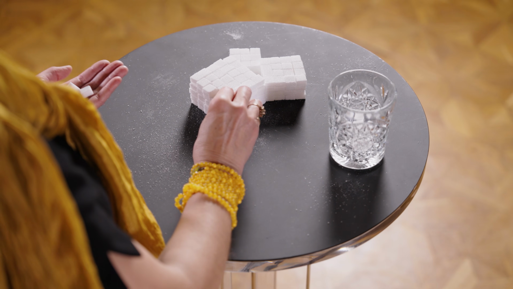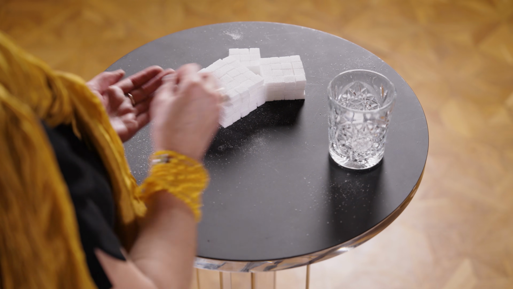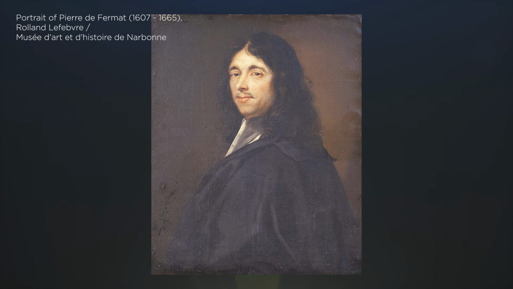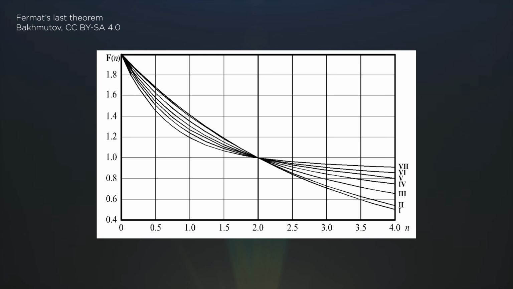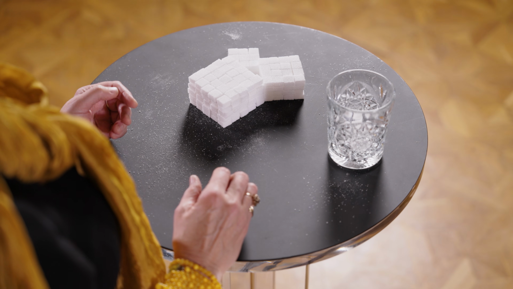But what if instead of squaring a, b, and c, you cube them? Not so easy to solve. In fact, Fermat's last theorem says that there are no Diophantine solutions for a to the n plus b to the n equals c to the n if n is greater than 2.